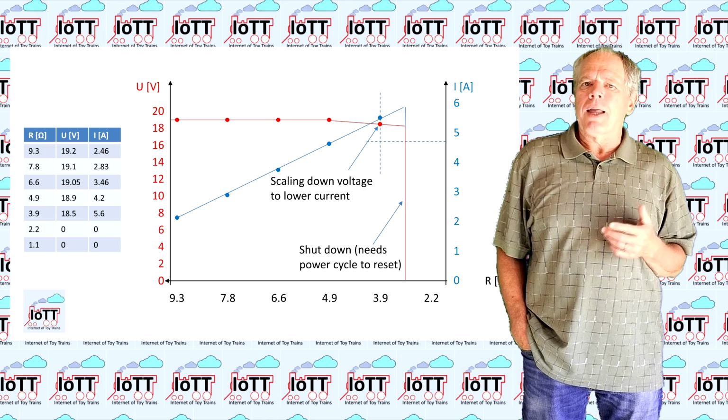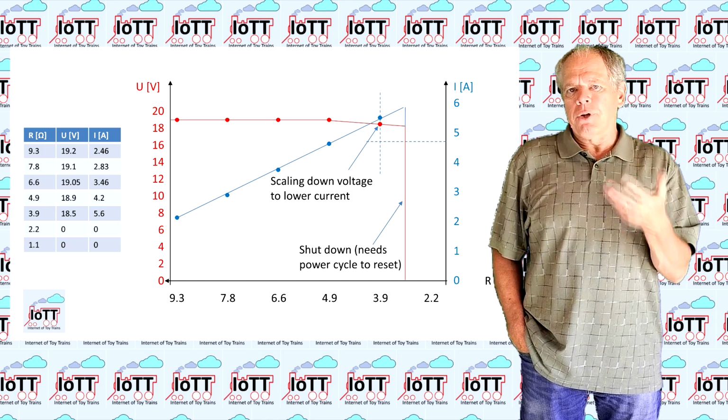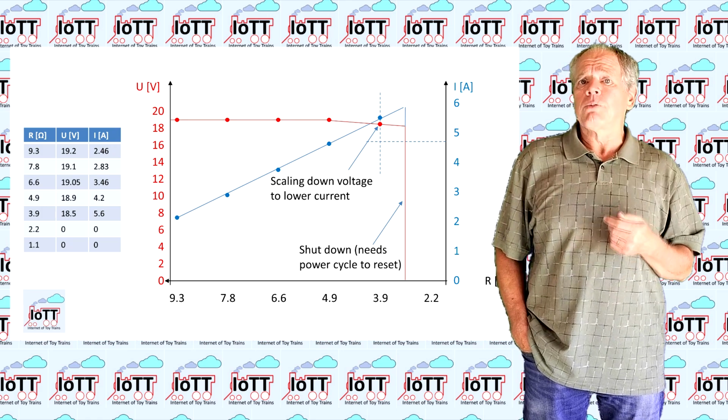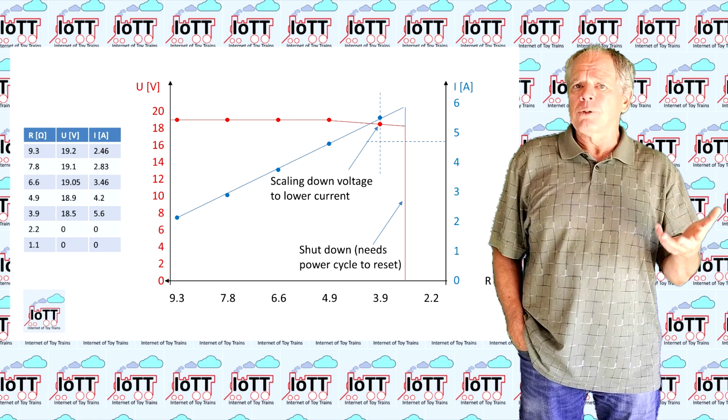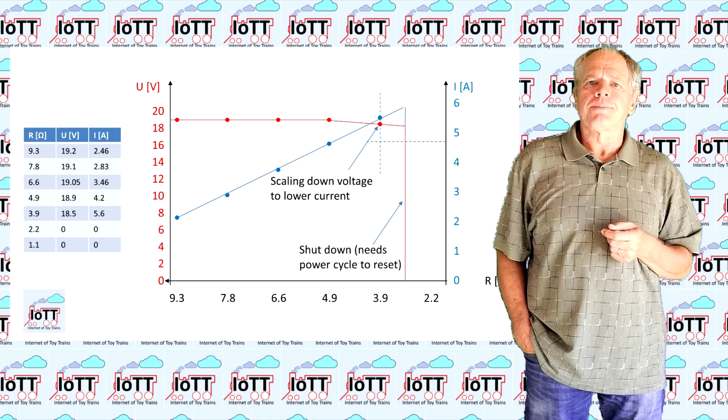So these power supplies, when overloaded, do not immediately shut down, but first try to reduce the output voltage so that the product of output voltage and output amps remains constant.